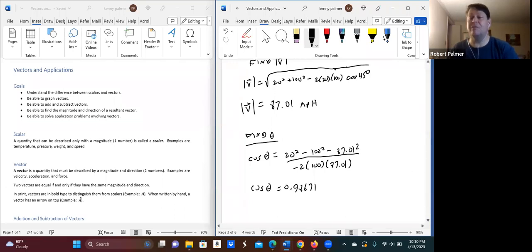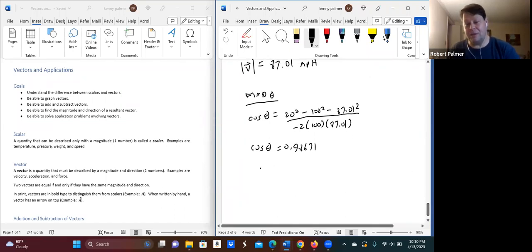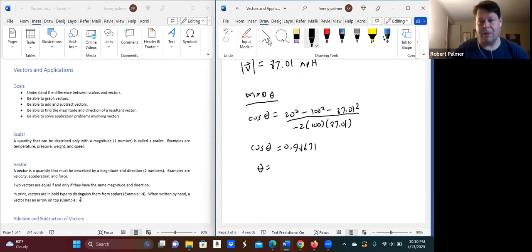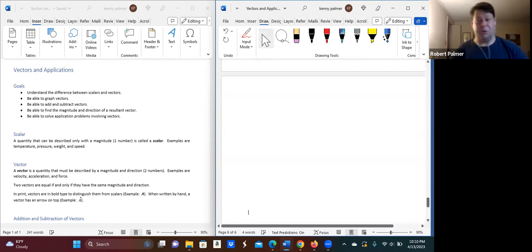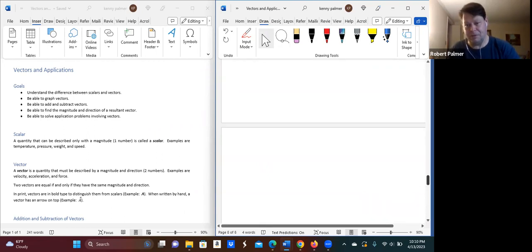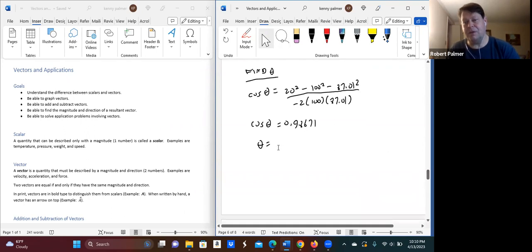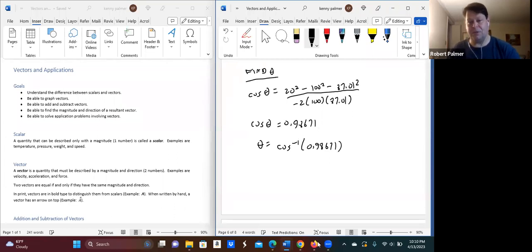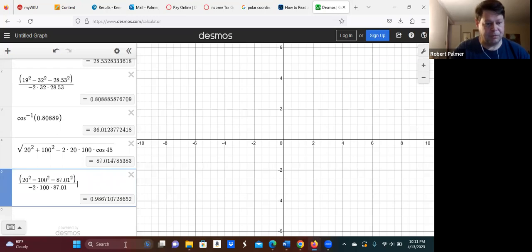Okay, and if I take the inverse cosine of both sides, then theta is equal to the inverse cosine of 0.98671. Let's do that in Desmos.